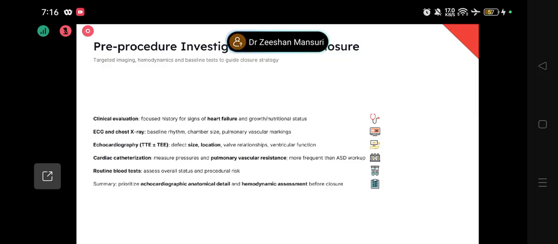It might be a PDA, it might be an ASD, there might be a pulmonary valve problem or a branch PA problem. So multiple defects, or a large subaortic VSD with an RVOT muscle bundle or something like that, may require surgical treatment, but cardiac CT should be done as early as possible.